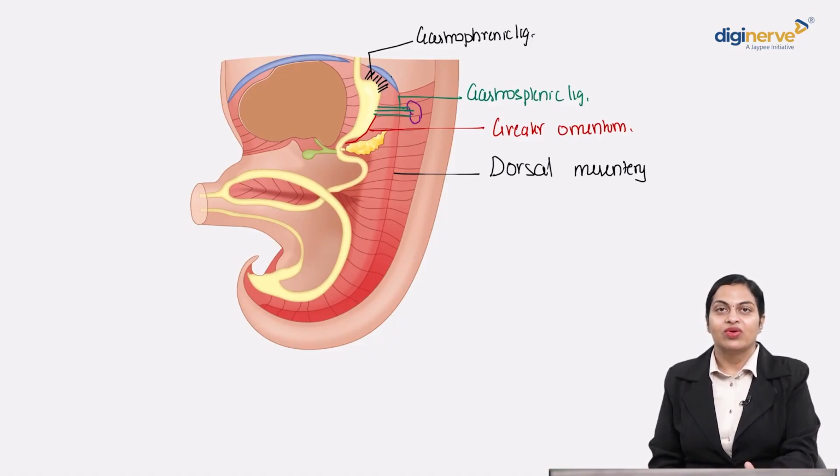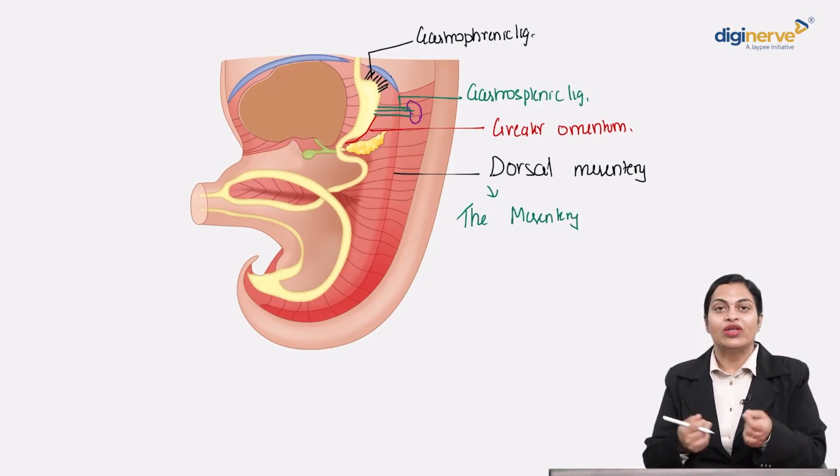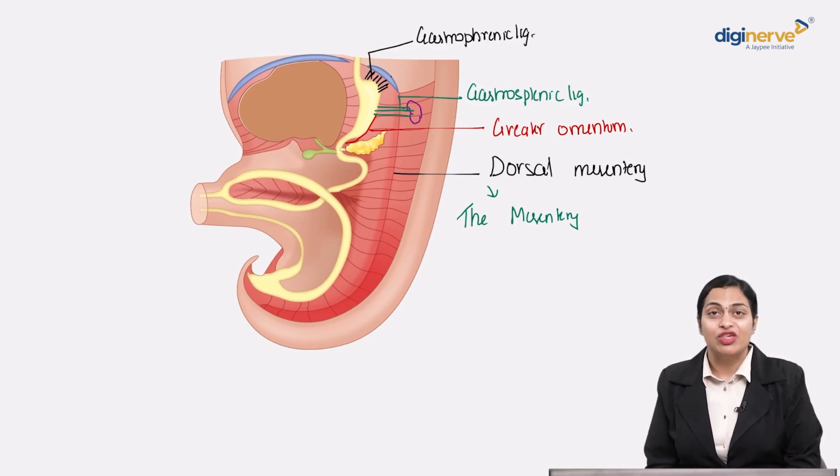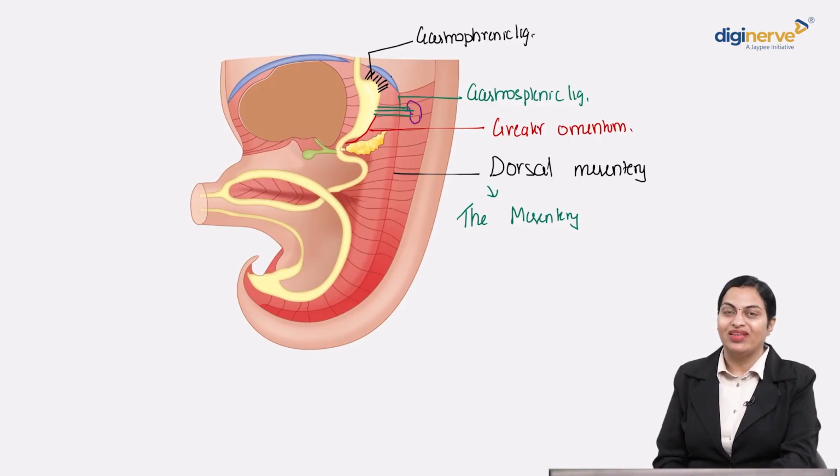So the rest of the dorsal mesentery persists in certain regions. In the region of the small intestine, it will give rise to the mesentery, the broad fan-shaped peritoneal fold that suspends the coils of jejunum and ileum, right?